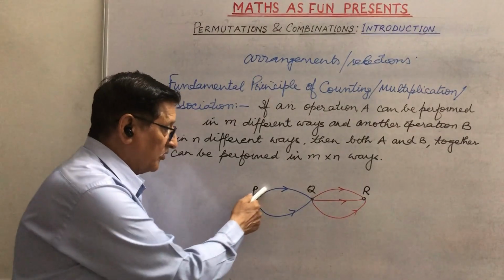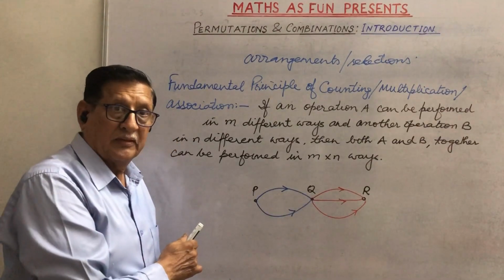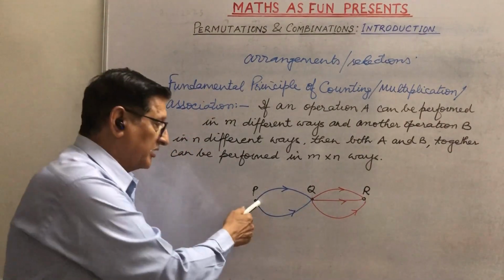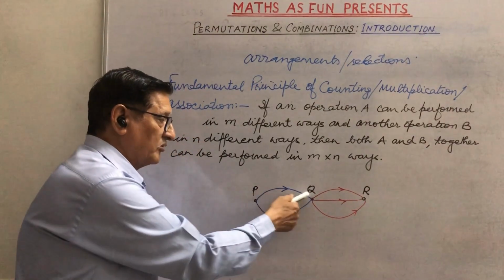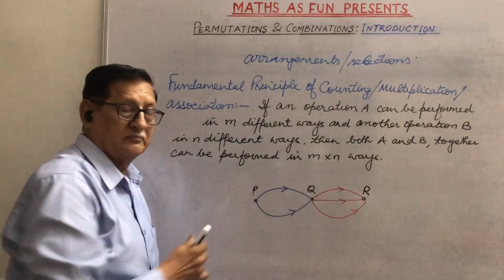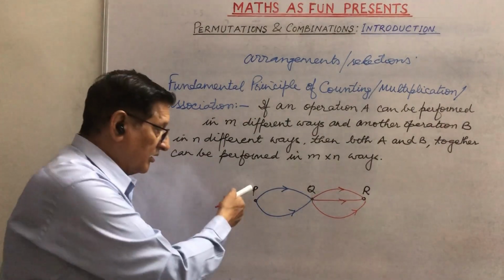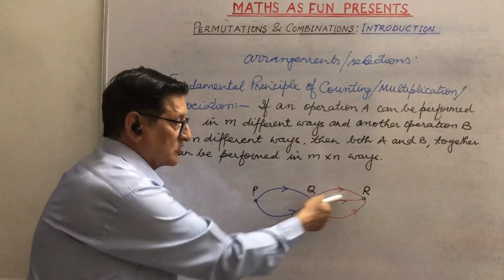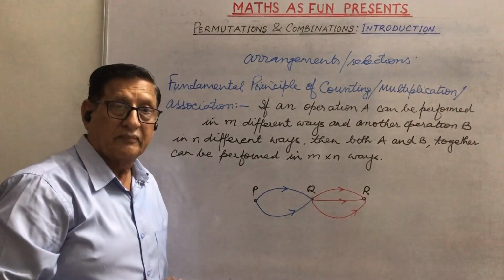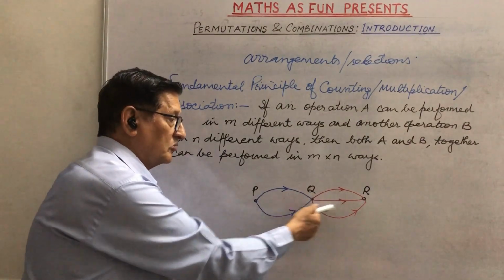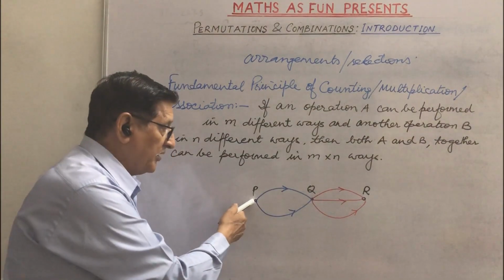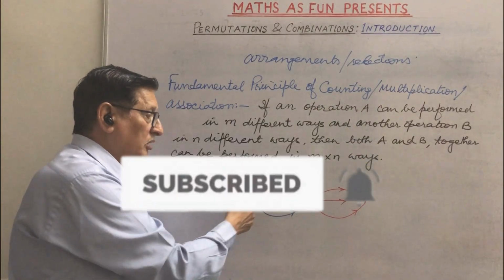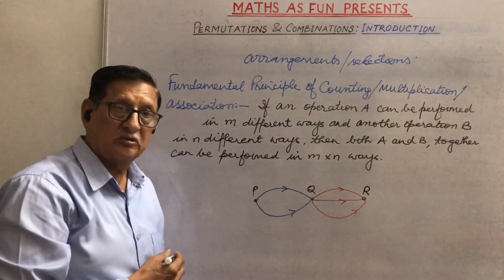See, suppose he follows the first one. Then he has three options from Q to R. It means three different ways can be followed if he follows the first way here. Similarly for the second one. He may follow the second one and then again he has three options here. Any one of the ways can be chosen to go to R. It means from P to R, a person through Q can go in six different ways, right?